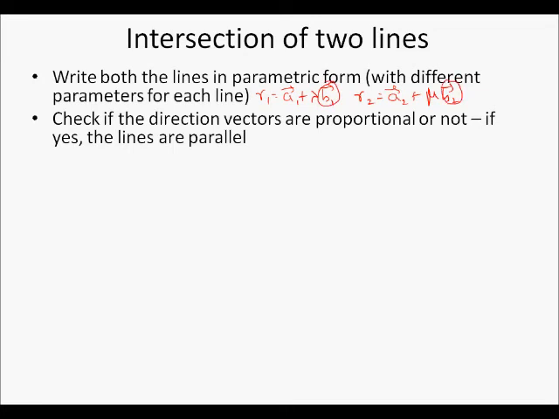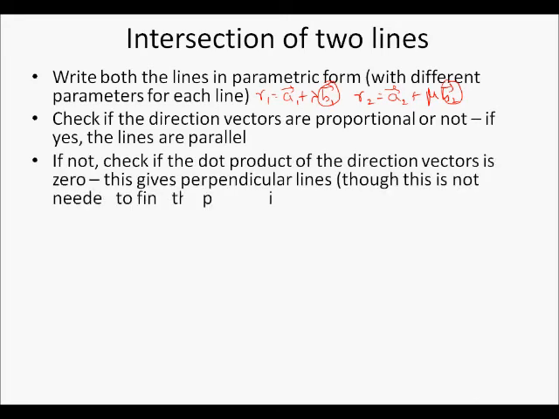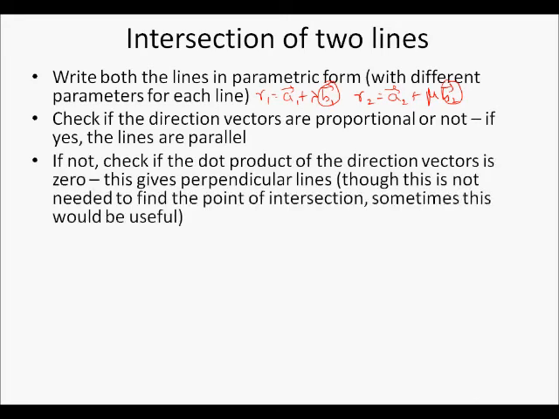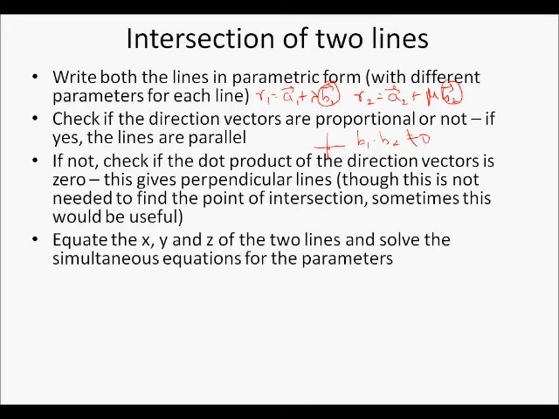If they are proportional, then the lines are parallel, so you can't find the intersection of those lines. If they are not, then you proceed. Check if the dot product of the direction vectors is 0, which means they are perpendicular. You are going to find the point of intersection even if B1 dot B2 is not equal to 0. Then equate the x, y and z of the two lines and solve the simultaneous equations.